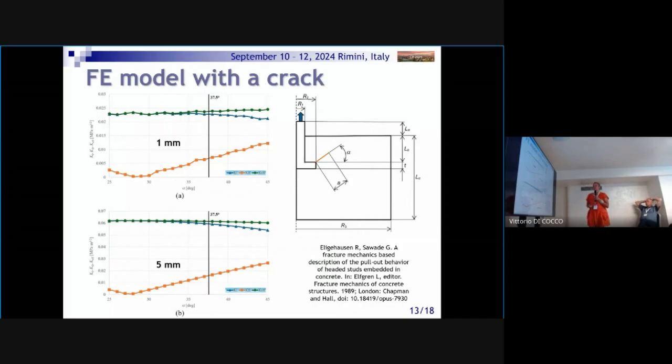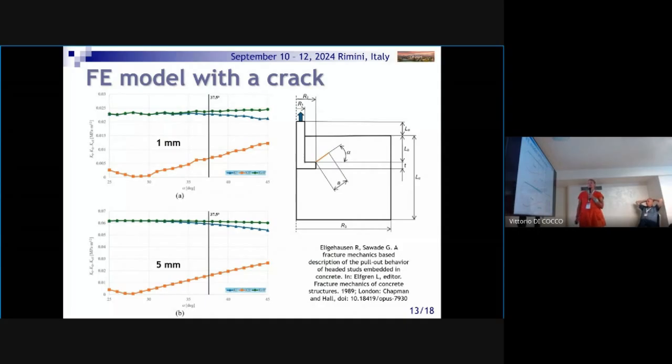We compare the results for the crack of the length 1 and 5 millimeters. So be careful about the scale of the vertical axis. Of course, the values for the large crack are higher, but the trends of the curves are the same for both crack lengths.